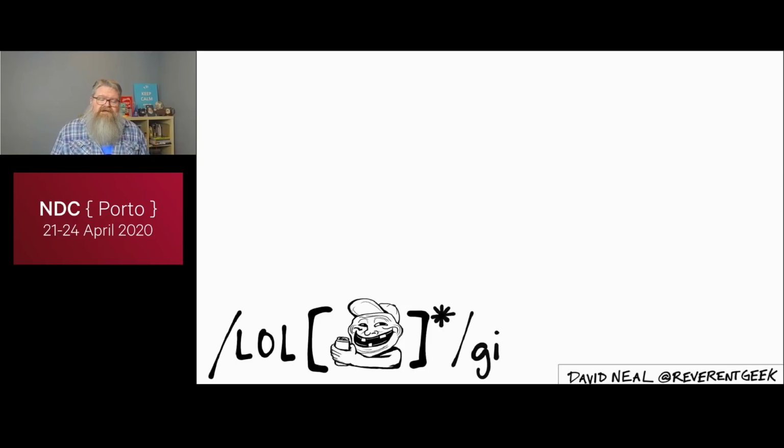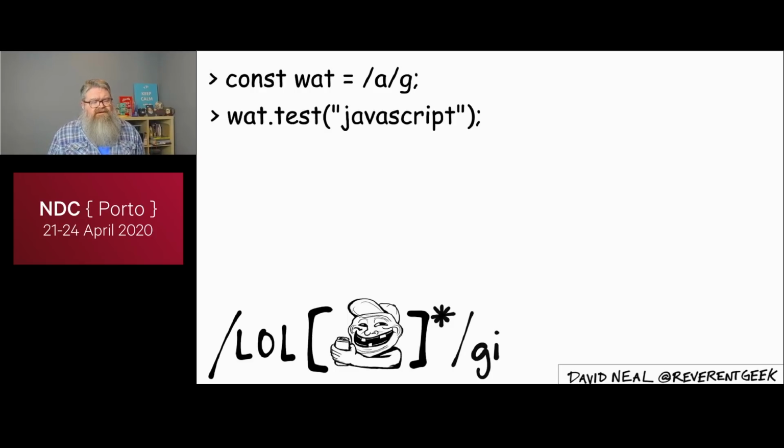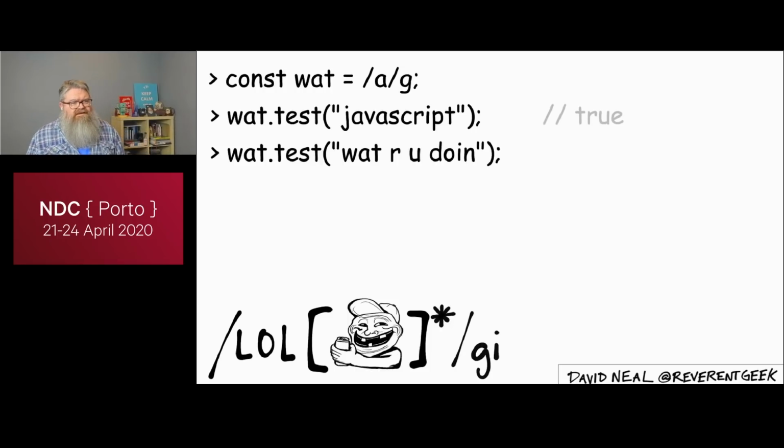And then there are powerful features in the JavaScript language like regular expressions. I have a problem, I'll solve it with a regular expression. Now I've got NaN problems. So we take something like this, we have WAT equal to this regular expression of A. We want to test the string JavaScript, and yes, there is an A in JavaScript. And then we turn around and test another string, and that's false.